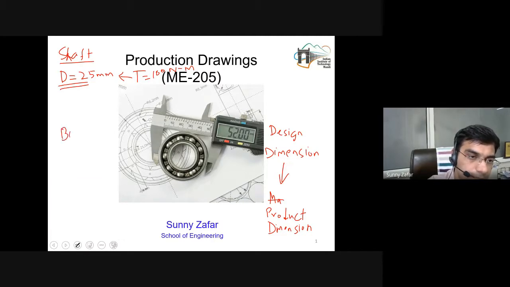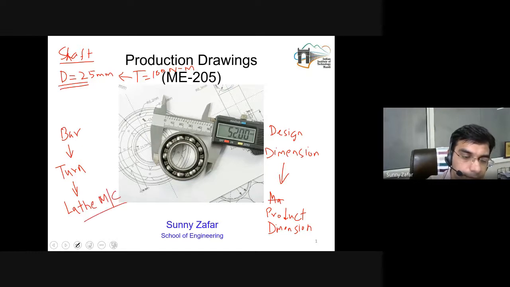I will turn it on a lathe machine. You have also read about the machining process. Machining is basically a process to remove excess material from a given workpiece. A lathe machine comes in the category of conventional machining processes, where there is physical contact between the tool and the workpiece.